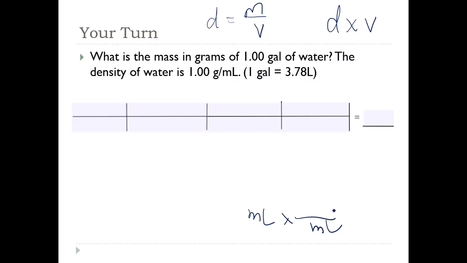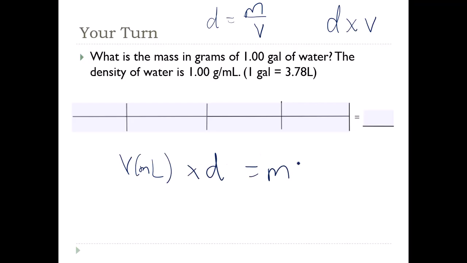If I had gallons here and milliliters there, those won't cancel. So convert the volume to milliliters and then multiply by the density, and that gives us the mass in grams.